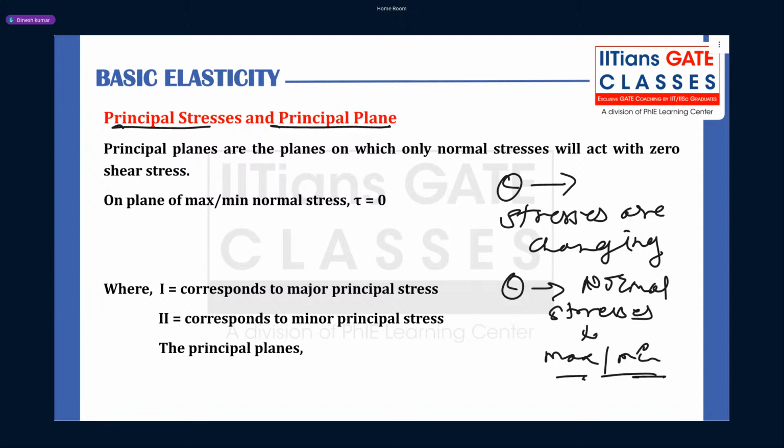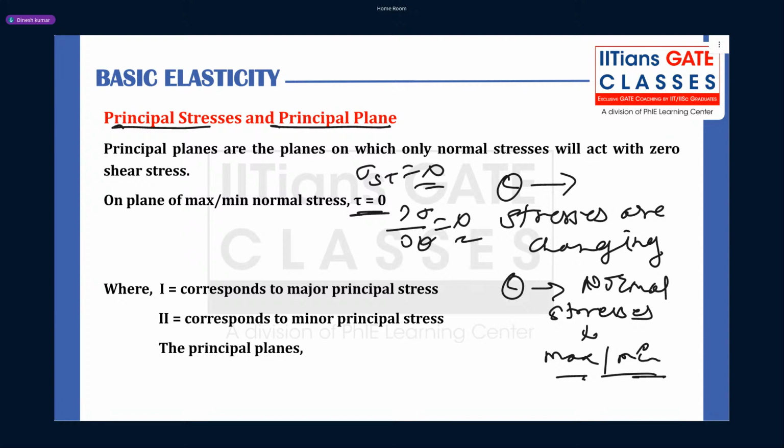Clear? So principal stresses correspond to a plane on which either your shear stress, which is tau or sigma ST, is 0, or dou sigma upon dou theta is equal to 0. If you use any of these conditions, you will get a value of angle theta for which your stress is maximum or minimum.